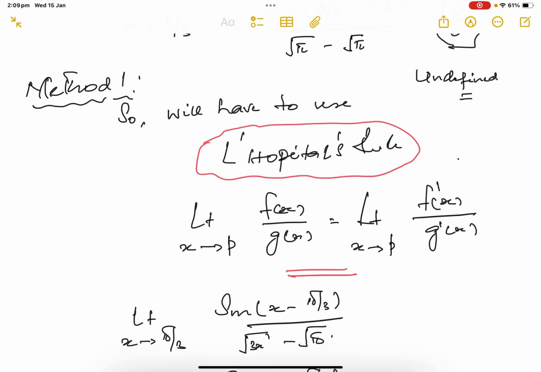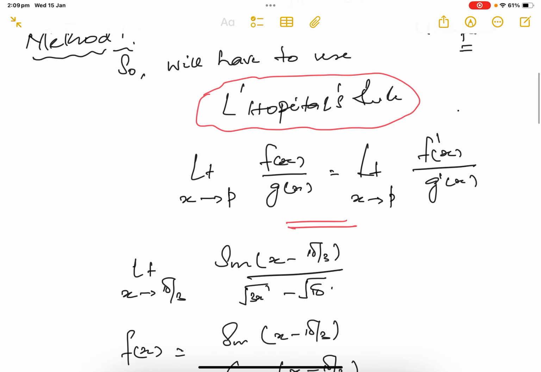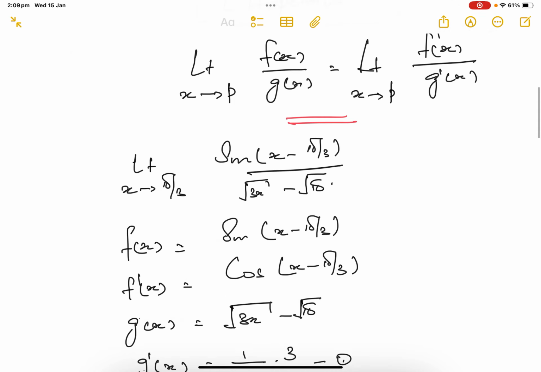So if f of x over g of x doesn't work, as happened here with 0 over 0, we can use L'Hopital's rule. We differentiate the numerator and the denominator, then substitute the value and see what we get.